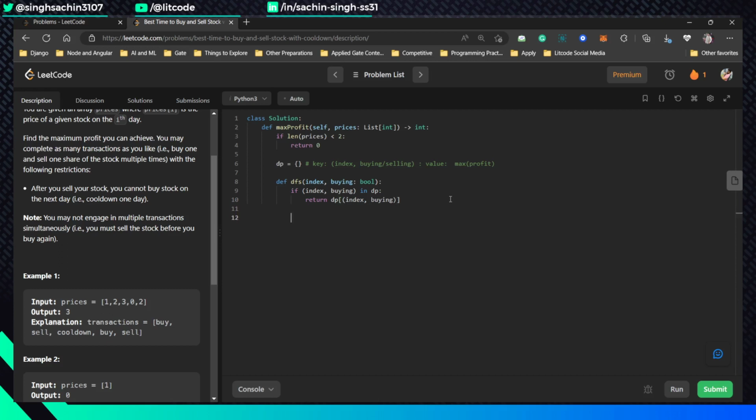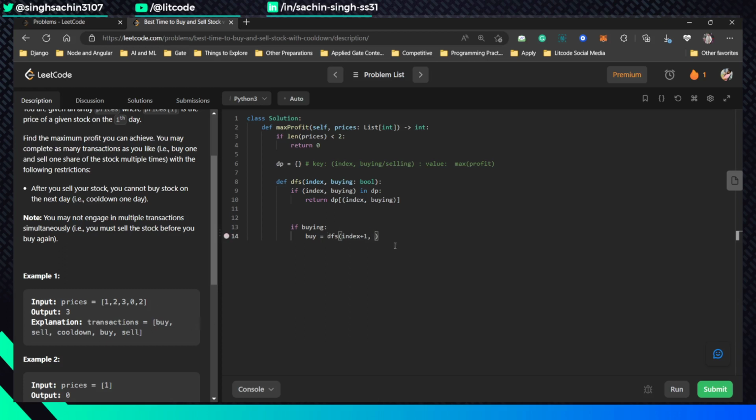Next I want to check if we have received a recursive call for buying. If we buy the stock at this point, we can sell it on the next day, right? So I'll be calling the DFS again with index + 1.